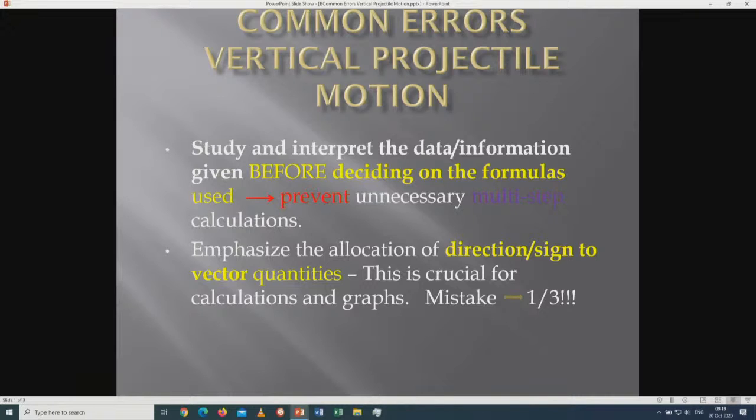Because it is really heartbreaking to see a learner, just by awarding a wrong sign or just omitting a sign, end up with getting 1 out of 3 for a relatively easy question because you have awarded the wrong signs or just disregarded the signs of the different vectors.